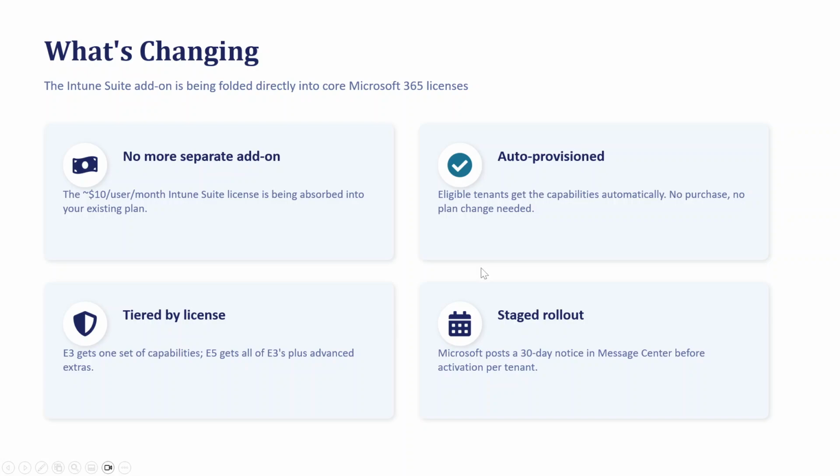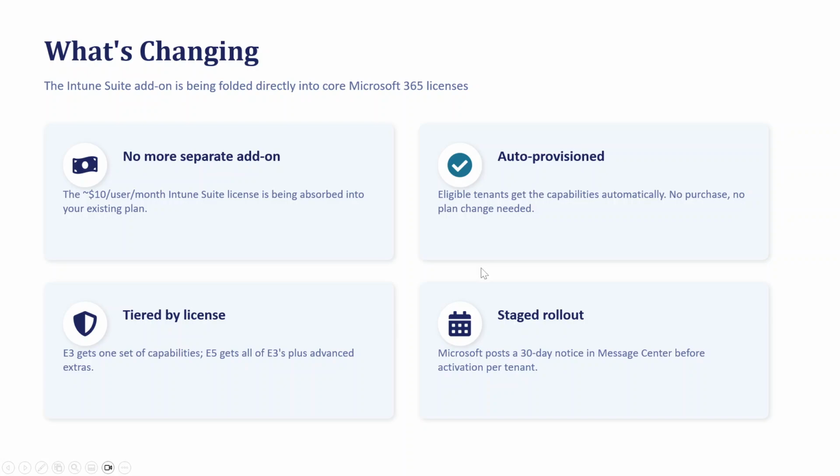Staged rollout: Microsoft posts a 30 days notice in the message center before activation per tenant. So Microsoft will give a 30 days advance notification before rolling it out. Until June 2016, if you wanted the advanced Intune Suite features, you had to buy the Intune Suite as a $10 per user per month add-on on top of your M365 license.